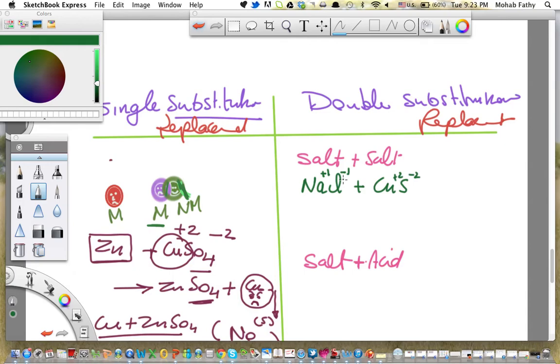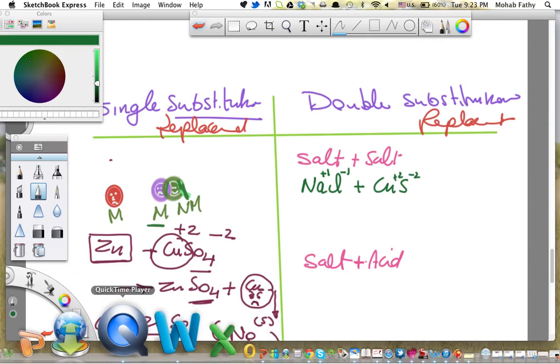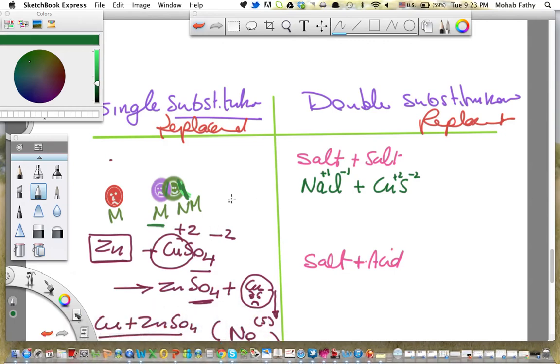So I'm sure that's the right one. Whenever you put these two salts together, they will do what's called double substitution. You give me your partner, I give you my partner. It's a kind of exchange: this couple will exchange with that couple. That's why it's called double substitution.